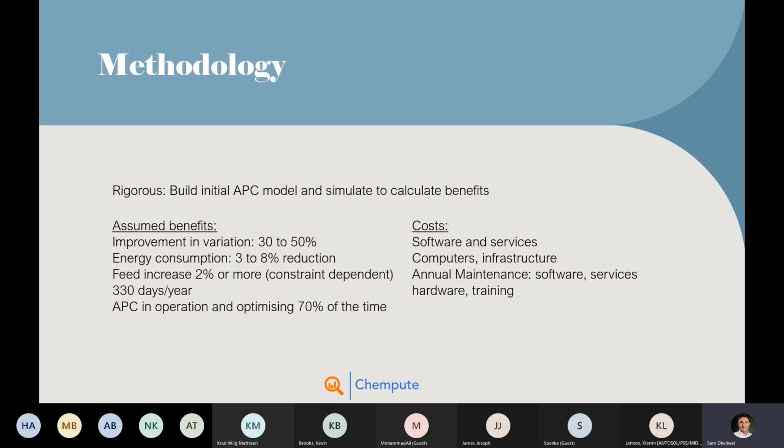You can reduce energy consumption by 3 to 8%, increase feed rates by about 2% or more, constraint dependent. So, I'm putting these numbers out there, but obviously you would need to look at your particular industry and your particular process to apply them.